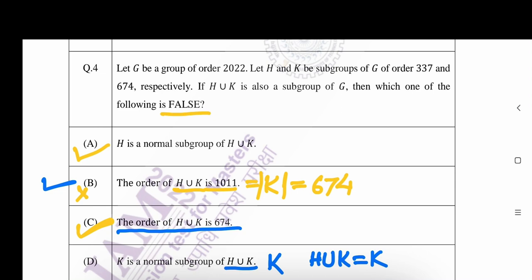Every group is a normal subgroup of itself. So this option D is also correct. So there is only one incorrect option, and that is B. According to the question we have to choose the false one, so we mark option B as the answer. Now this question is done.